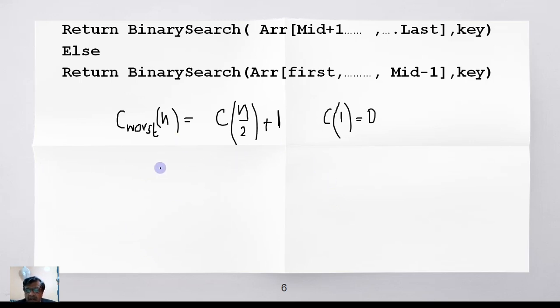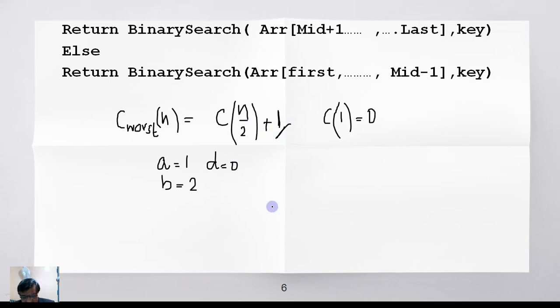Anyway, now we can apply Master's theorem. Here a equals 1, there is only one sub-problem that remains. b equals 2, and d equals 0, because we can assume the extra work to be n to the power of 0, which equals 1.